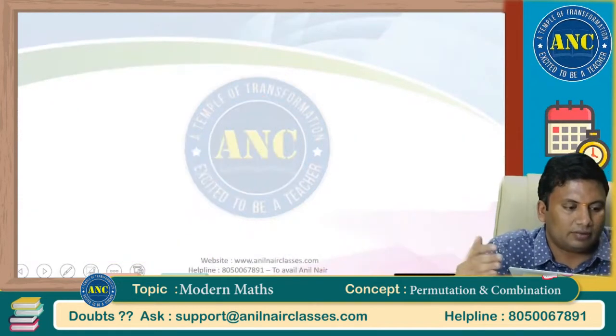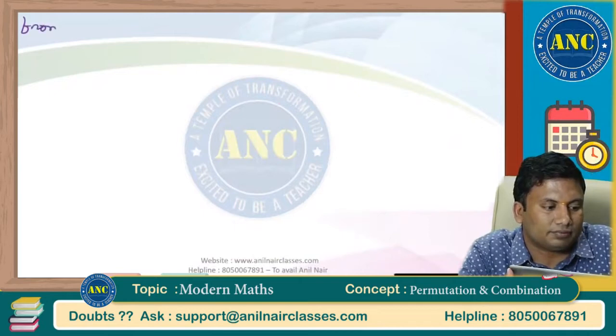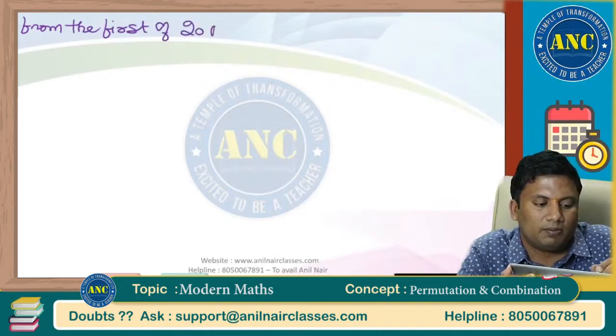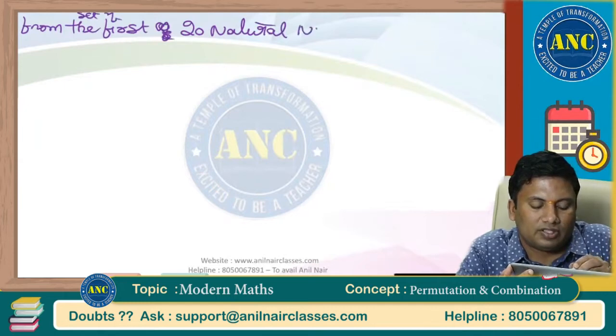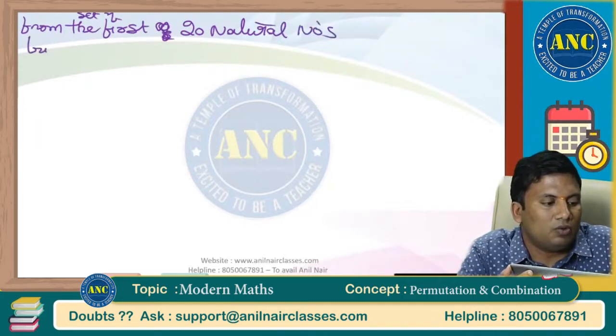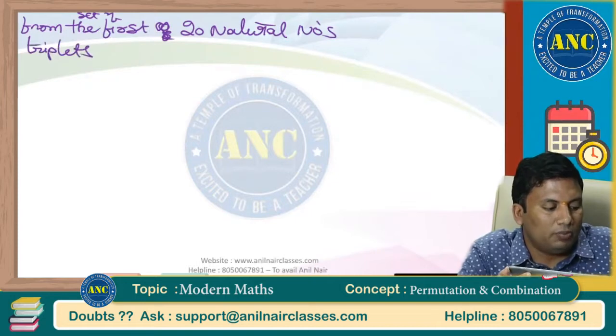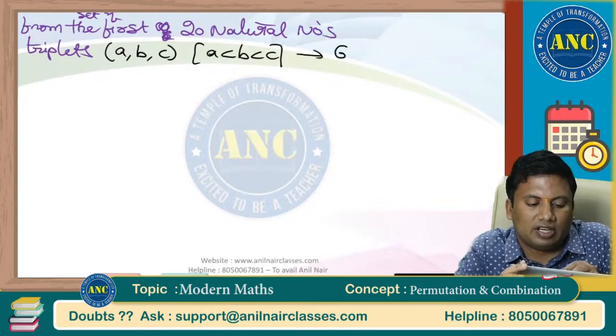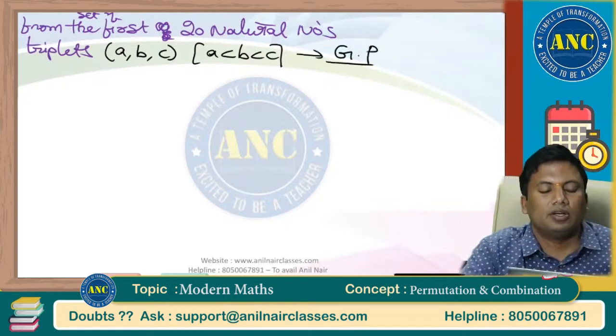Next one, another one. From the set of first 20 natural numbers, how many triplets A, B, C, A less than B less than C, can be formed such that they are in geometric progression?